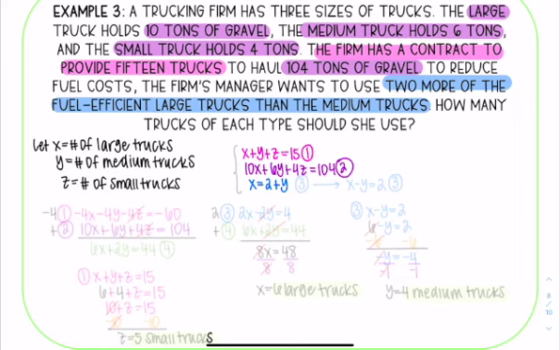So to eliminate z with equations 1 and 2, I would need to multiply equation number 1 by -4. So I get negative 4x minus 4y minus 4z equals negative 60. And equation 2 is going to stay the exact same: 10x plus 6y plus 4z equals 104.